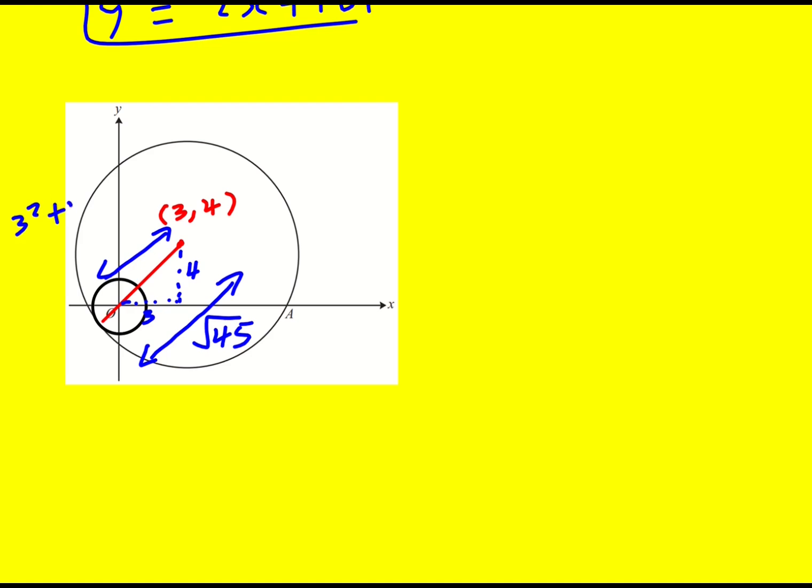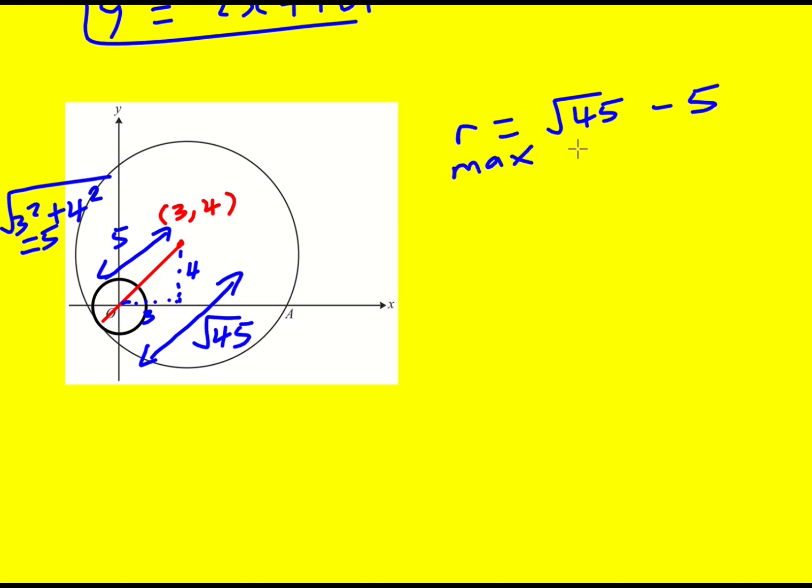It's going to be 3 squared plus 4 squared, square rooted. It's actually a 3, 4, 5 triangle. It's going to be 5. And that means for this particular circle, r is going to equal root 45 minus 5. And that's the maximum value of r.